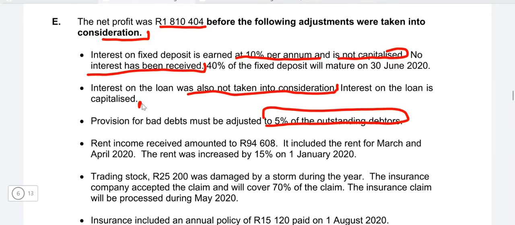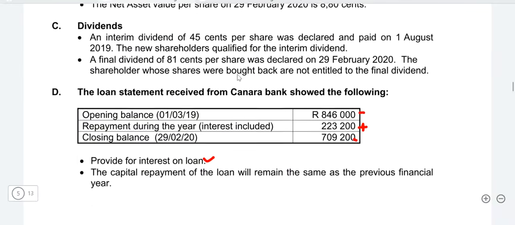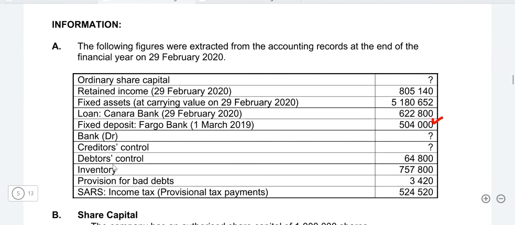So let's see how much the new balance will be. We're going to take 5% of the debtors control. Let's see our debtors control from the trial balance. Here debtors control is 64,800.